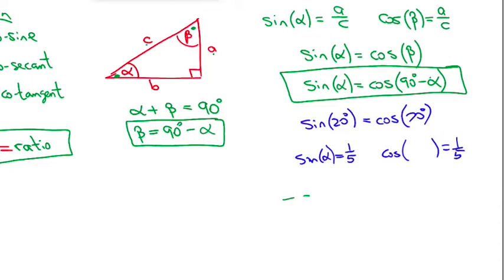The sine of 20 is the same as cosine of 70. So the sine of alpha is going to be the same thing as cosine of 90 minus alpha. If they're both equal to the same ratio, that means they have to have a complementary angle relationship.